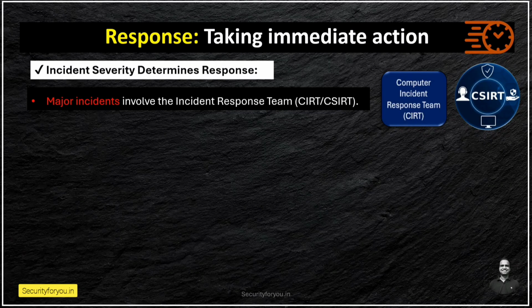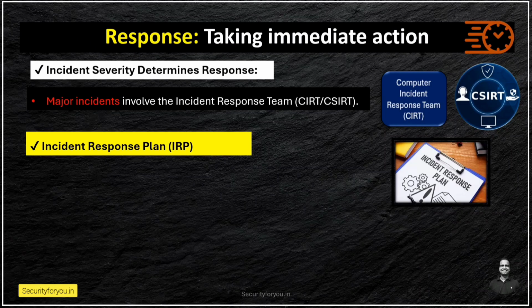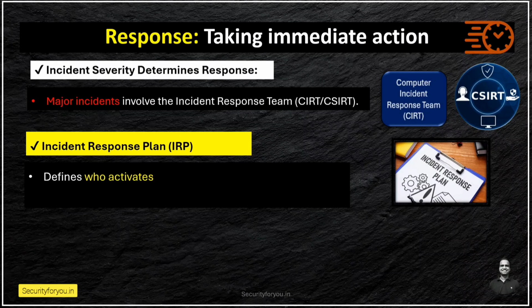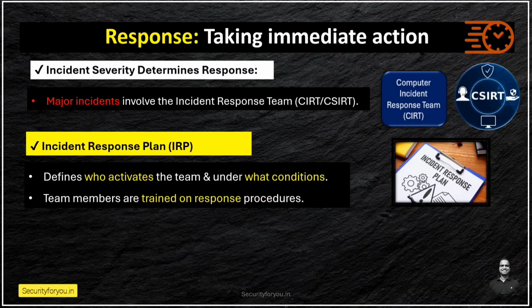Organizations activate this team during a major security incident but do not typically activate the team for minor incidents. A formal incident response plan documents who would activate the team and under what conditions. Team members are trained on incident response and the organization's incident response plan.